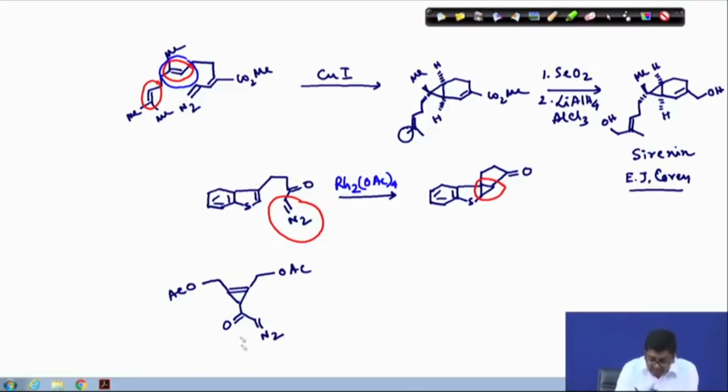This is also a precursor for carbene. Now, again under rhodium complex, this will generate the metallocarbene and overall the product will be the insertion of this metallocarbene into this double bond and eventually that will give the product.